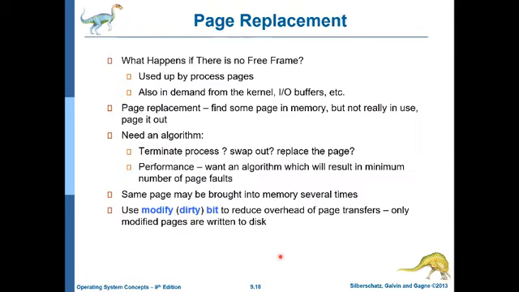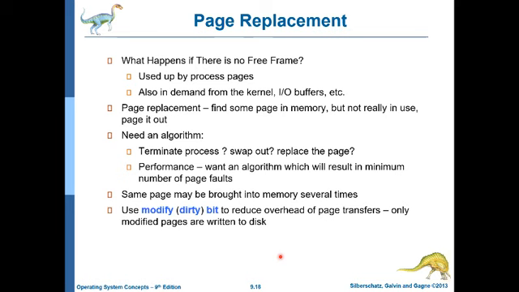Now we will see the case when the operating system wants to bring a page into a free frame, but finds that there is no free frame. Why could this be? When can the operating system not find any free frame?